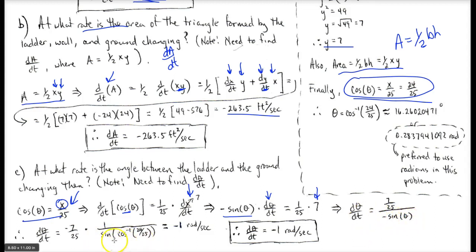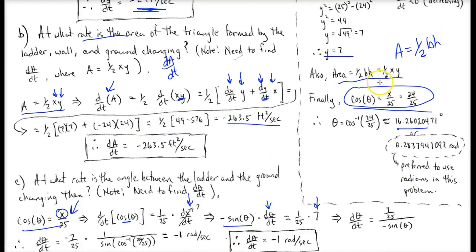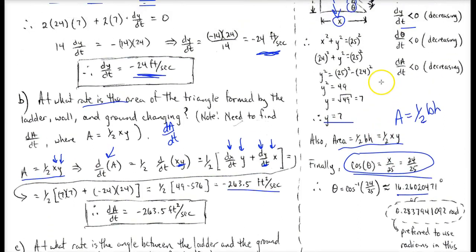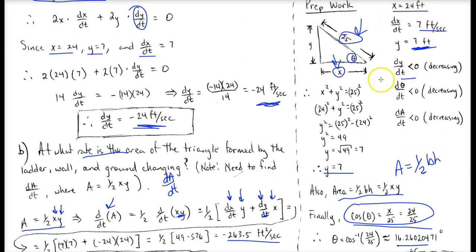Here, the approach I took when I worked this out was to plug in this information. But really, I didn't have to do that. If I go back to my setup, since this part of our triangle, the x, is 7, then I know that sine of theta is going to be, let's put that in the wrong place.